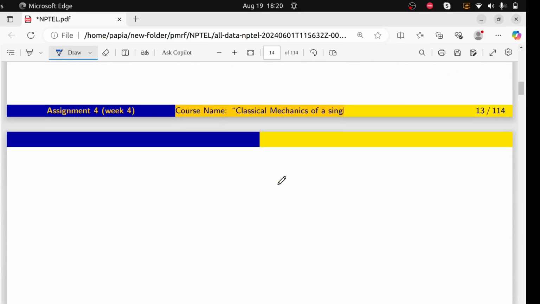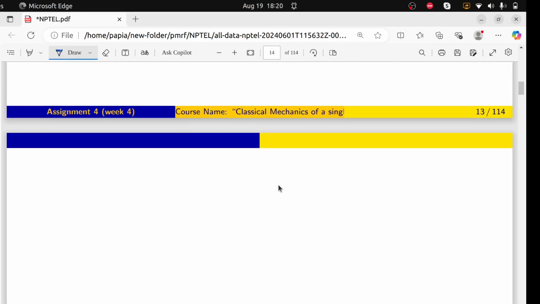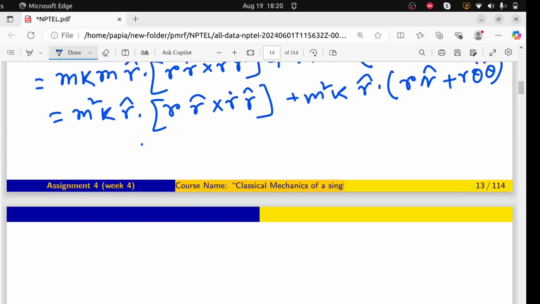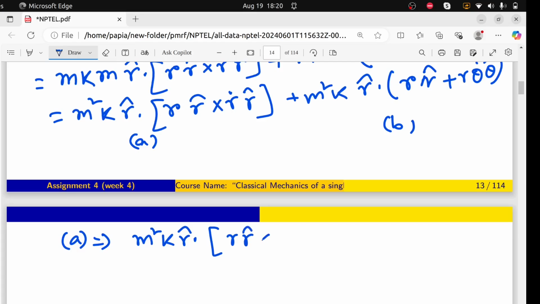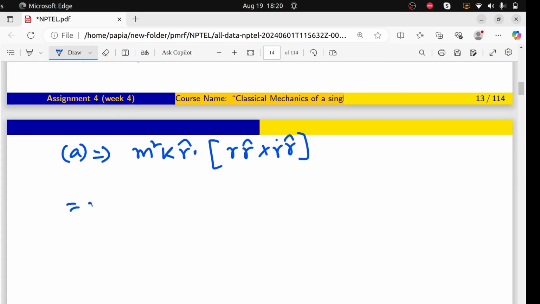Now you can see the first one. Let me write here, this is A and this is B. So A is giving me m square k r cap dot r cap plus r dot r cap. So this is giving me m square k r dot r cap dot r cap plus r cap, and r cap plus r cap is obviously giving 0 value. So this is 0.